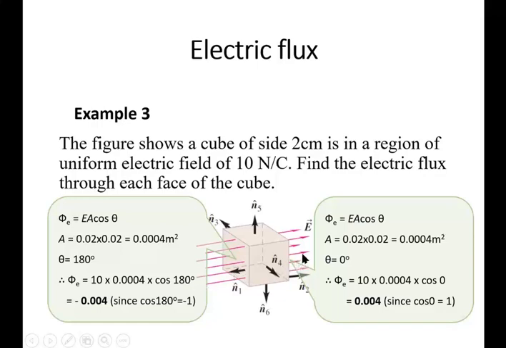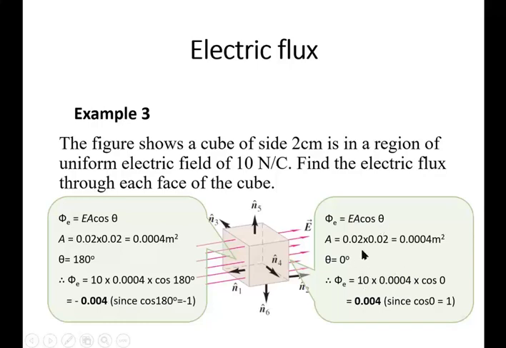If we start from the direction of the electric field, then we move all the way to this side, then we are talking about an angle of 180 degrees between the electric field and the unit vector of this surface. We use that and we get a negative value here, which is negative 0.004. I did not bring the units. It is Newton meter squared per coulomb.